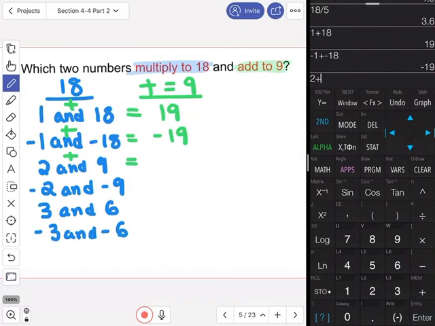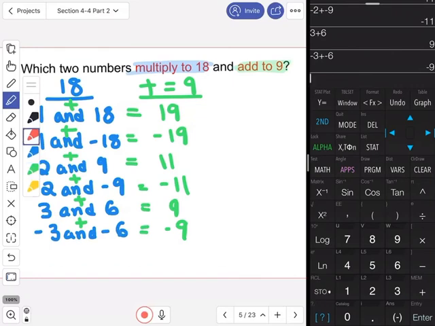Then if we add 2 plus 9, it gives us 11. Negative 2 plus negative 9 gives us negative 11. The 3 and 6, so 3 plus 6 equals positive 9. And the last one, negative 3 plus negative 6, which equals negative 9.